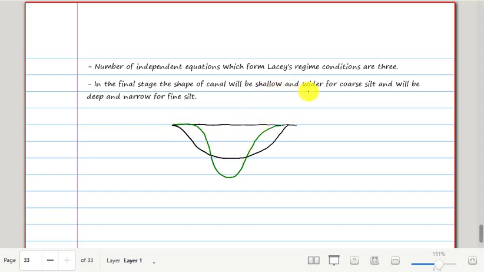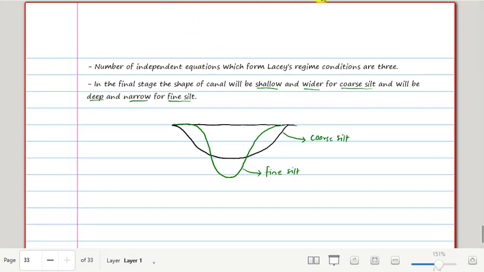If it is shallow and wider, that means it is for coarse silt. If there is coarse silt, then your canal at the final regime condition will be shallow and wider. But if the silt is fine silt, then your canal at the final stage will be narrow but deep. It will be narrow and deep for fine silt, and wider and shallow for coarse silt. So these were some important points related to Lacey's theory on the basis of his investigation.